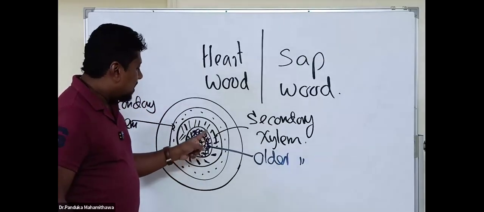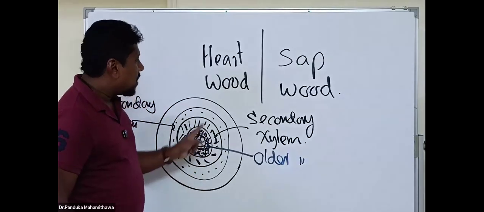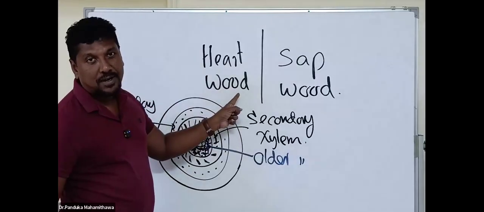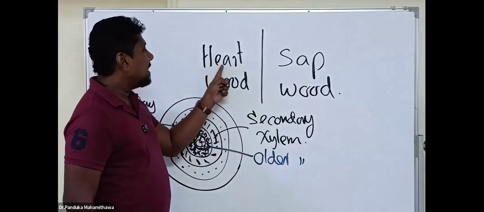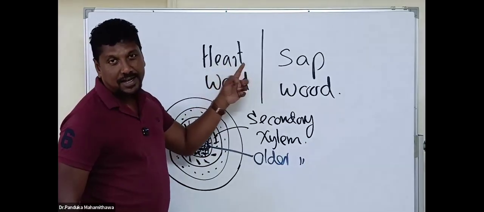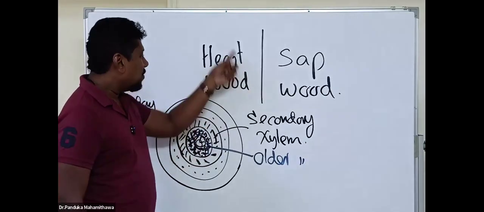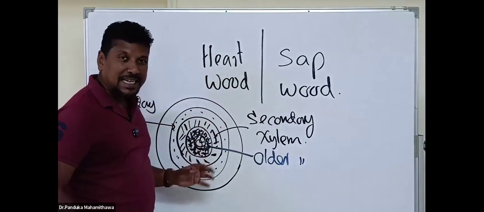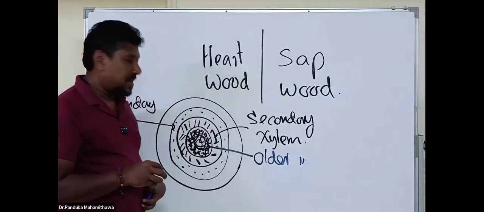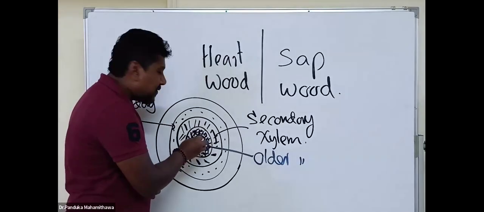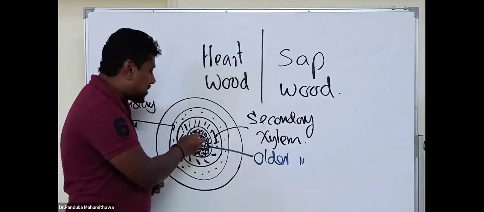This part is called heartwood, not hard, but HEART, heart. Why do you call it heartwood? Because it is located at the center of the stem, at the heart of the shoot system.